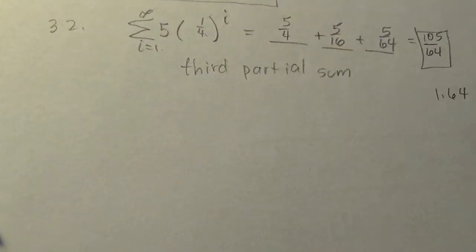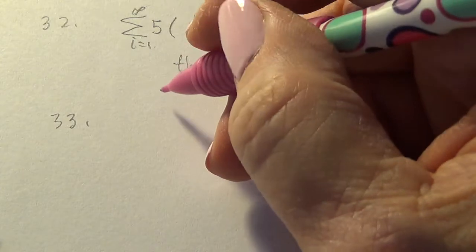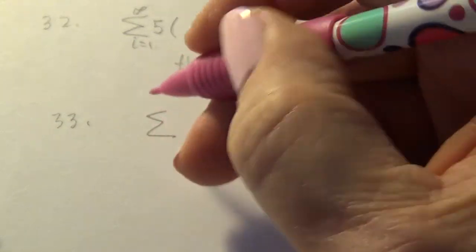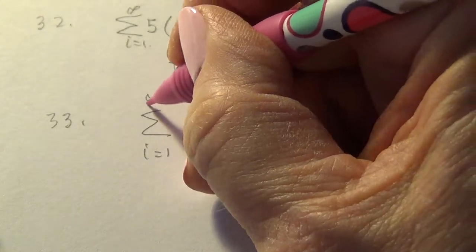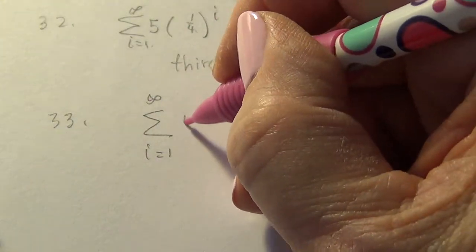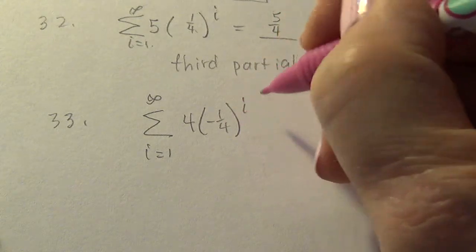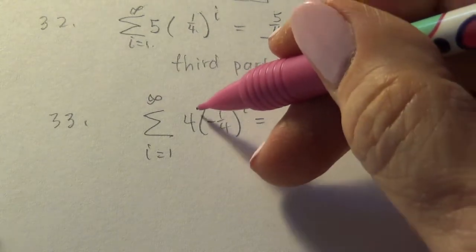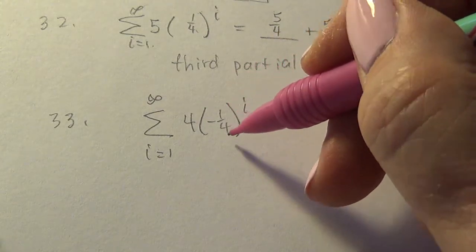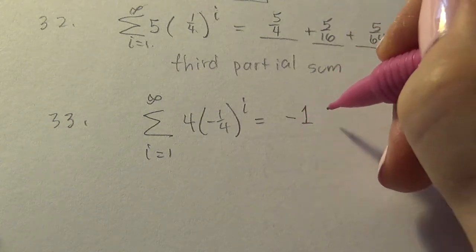All right, lastly, let's see what we can do with this next sum. This time, they want the sum of the whole thing, no partial sum. So we're starting with 1 and we're going to infinity. And first of all, we'll generate a couple of these to see what they look like. So when i is 1, we get 4 times -1/4, and that is -4/4 or -1.